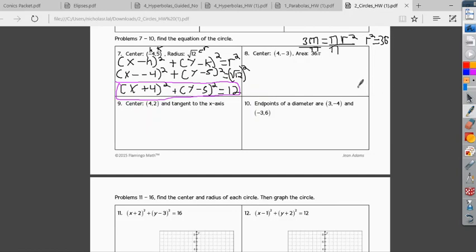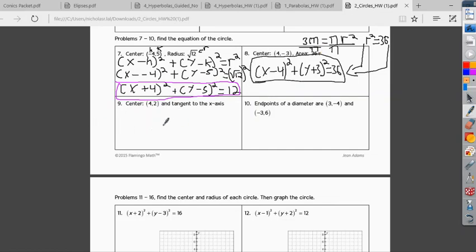This is what is on the right-hand side of the equation. So we can write x minus 4 squared plus y plus 3 squared, switching the sign of the center, is equal to 36. And that is the equation of our circle.